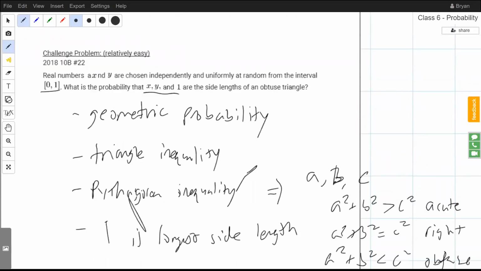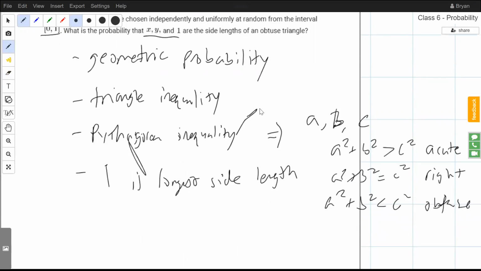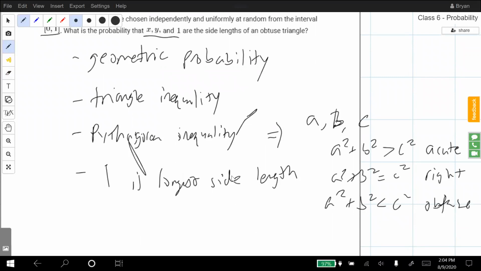This is the challenge. Bye guys. Anyway, the challenge problem is asking for a probability, so it can't be greater than 1. I'll let you guys think about it, and I'll post a solution to it later.